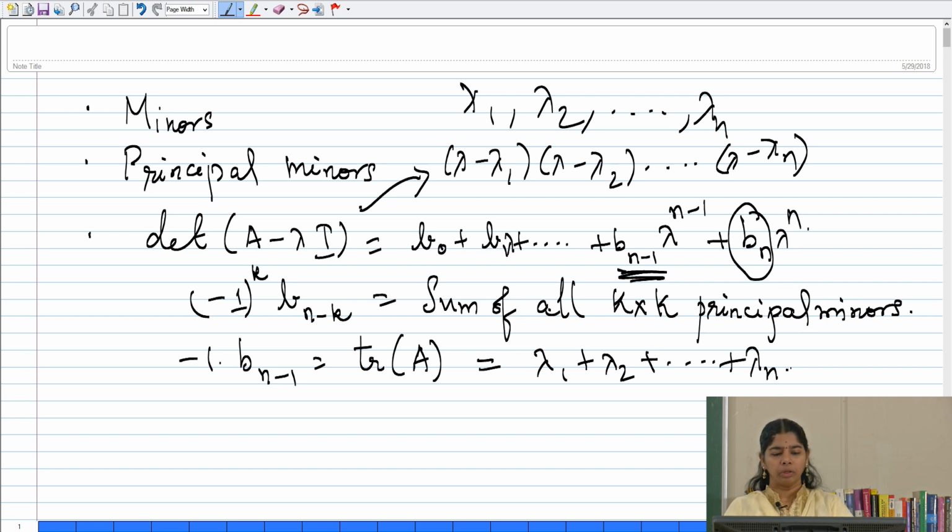So these are all existing results from linear algebra, we are just recapping. Similarly, if you look at 2 by 2 principal minors, you take all possible combinations of 2 by 2 minors and look at the sum of it, right. It is equivalent in our terms to the sum of all possible products of two eigenvalues taken at a time, right. So this much we have seen.